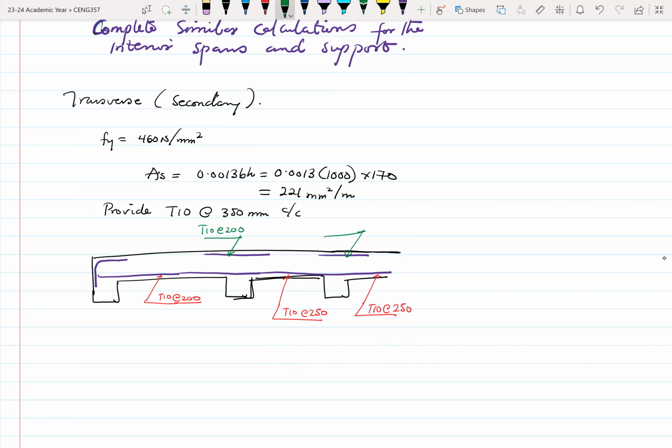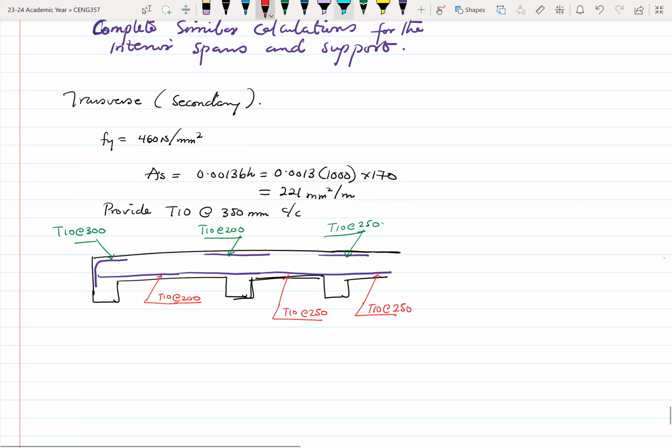And over here we have T10 at maybe 250. Then here at the end support, since the moment there is zero, we are putting minimum reinforcement, so here it would be T10 at 300 millimeters.